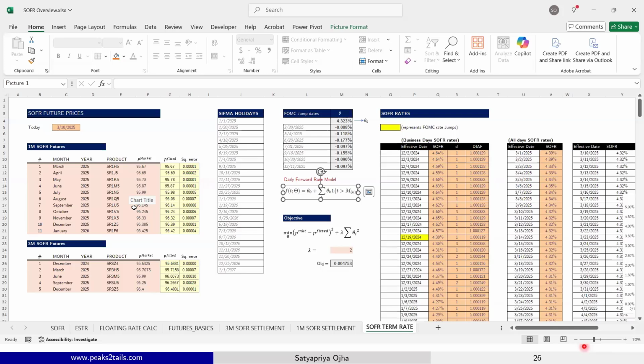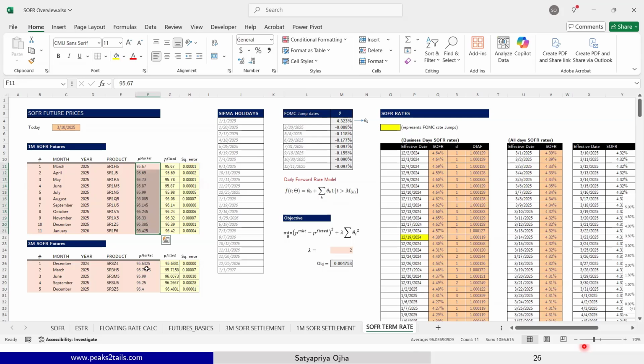For that reference period, 3-month or 1-month, depending on whether you are using 1-month futures or 3-month futures, I know the daily rates from my model. Take those daily rates, compound them, or do an arithmetic average, depending on which contract you're using, and come up with the final price, right? 100 minus R. That price should match the current market price that I'm seeing on CME's website. These are the observed market prices for these liquid 1-month SOFR futures and liquid 3-month SOFR futures. From my model, what are the rates I'm getting and what is the price I'm getting? That is here.